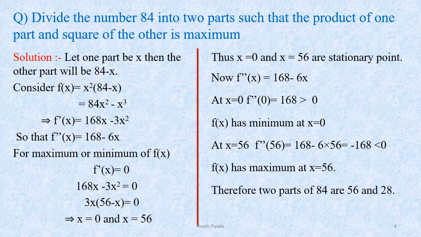Therefore, the first part of 84 is 56 while the other part is 28, because for x equal to 56, the function has a maximum value. Therefore, the two parts of 84 are 56 and 28.